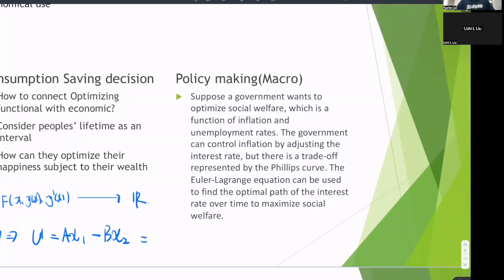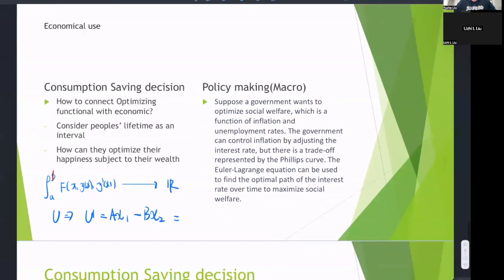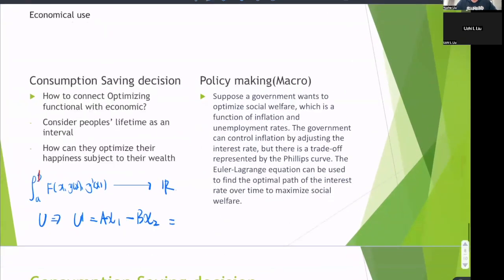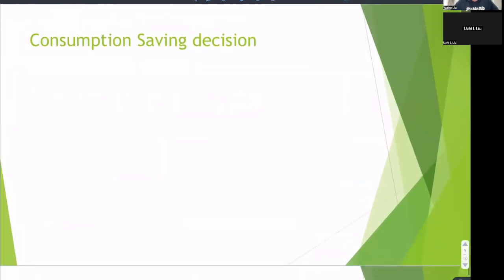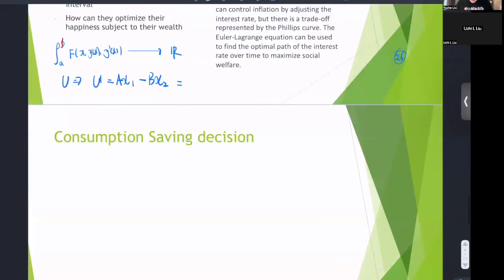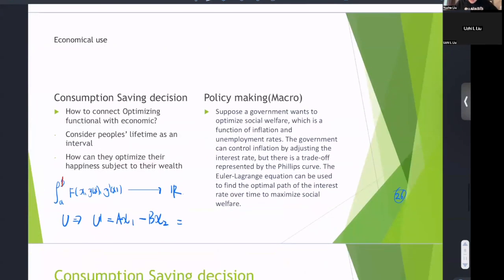These two are basically the application part of the calculus of variations. So let's go into a bit more detail about consumption saving decisions. Since we already talked about consumption saving decisions and policy making, how does this optimization method contribute to economics?